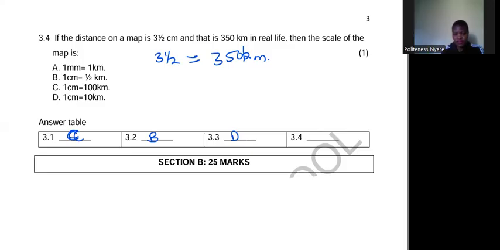If we divide 350 by 3.5, our answer there will be 100 kilometers. So we divide by 3.5 so that we get 100 kilometers. So our answer will be 1 centimeter is equal to 100 kilometers. So that's how you go about it.